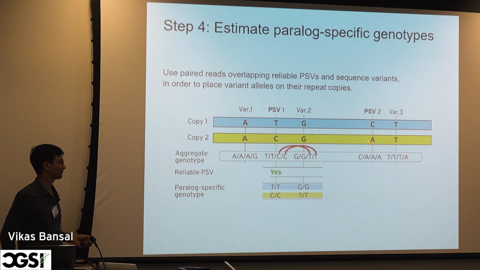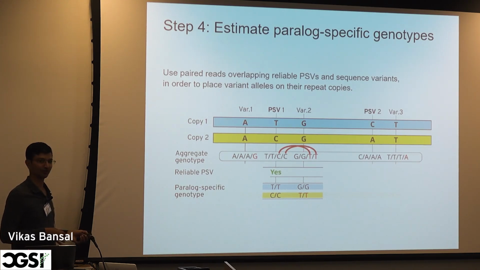Similarly, we can do the same for variant 2. Variant 2 has 2 G's and 2 T's. There are many more options for resolving that aggregate genotype into parallel specific genotypes. But because the T alleles are always observed along with the C allele for PSV1, we can confidently resolve it into G/G and T/T.